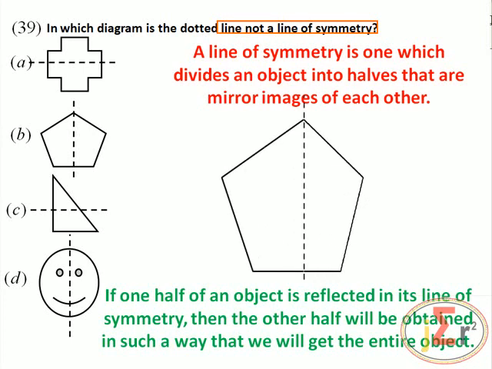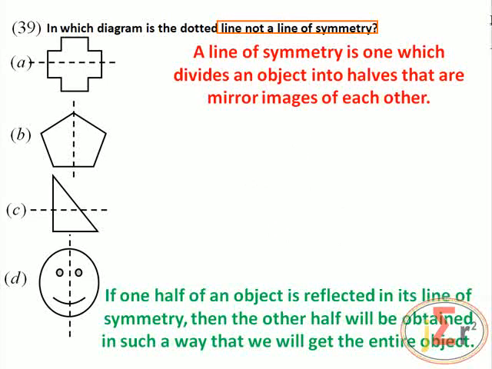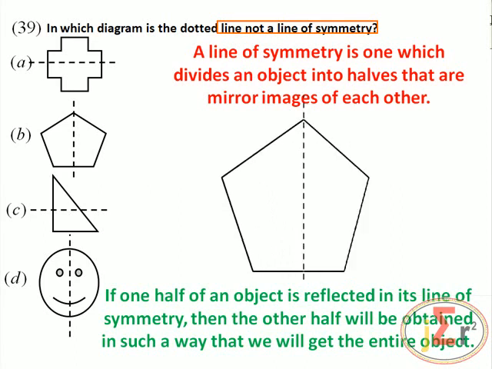If the entire object can be generated by taking one half, flipping it around, and getting the other half, then we know that the line is a line of symmetry.